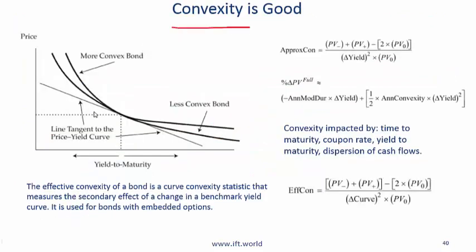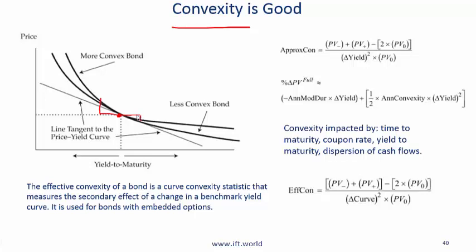We've already talked about convexity, but now we are going to highlight the fact that this is good. We talked about the convexity effect, which showed that it's good, where we said that if interest rates go down by 1%, then the increase is more than the decrease when interest rates go up.